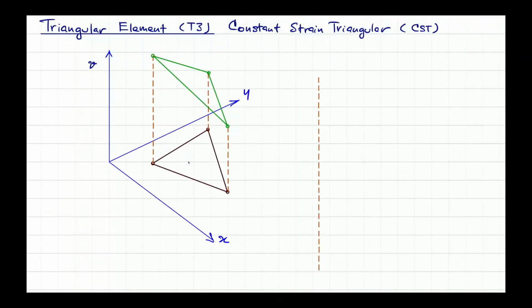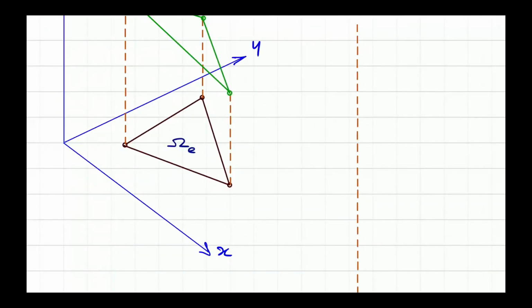So the domain of the triangle is given by this Ω subscript e. Okay, just the sign that stands for the domain of it. At each node you have the coordinate x1, y1.